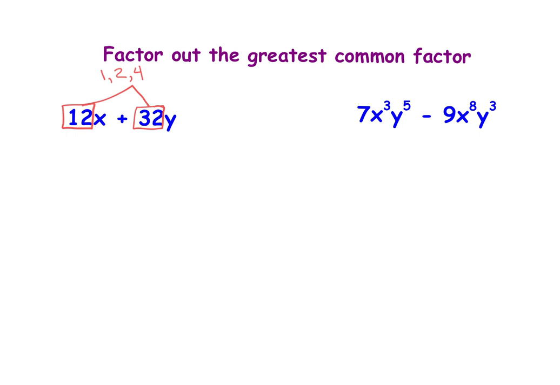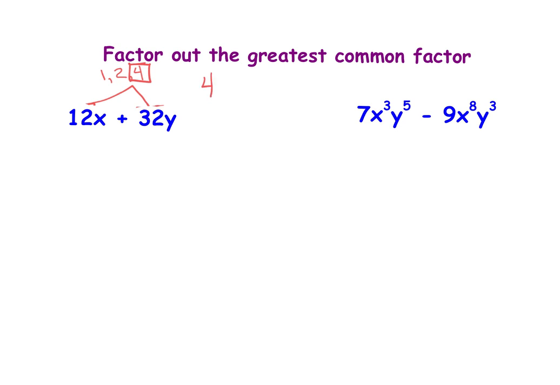And when we're looking for the greatest common factor, we're looking for the largest number that both 12 and 32 can be divided by. The biggest number they can both be divided by is 4. So our greatest common factor here numerically is going to be 4. So we're going to keep that in mind over here.